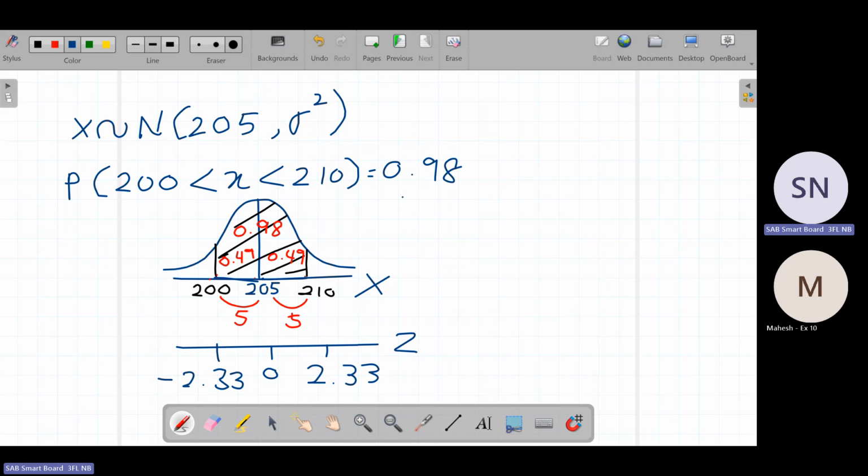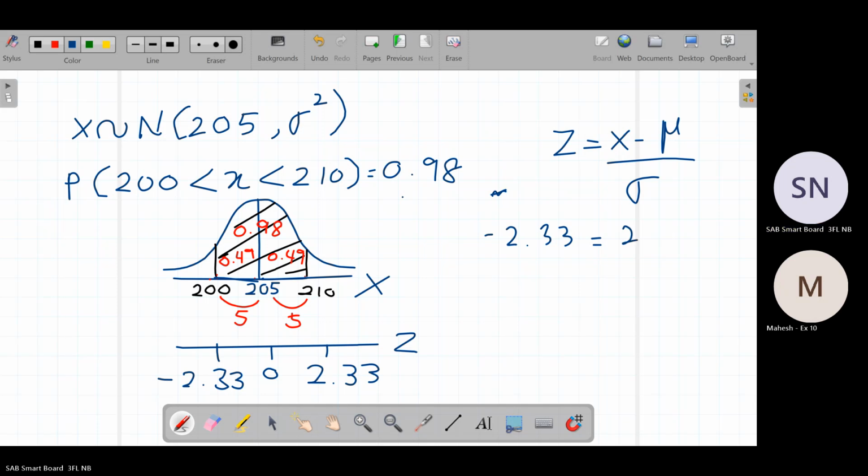Then you can use one of these two Z values to find out the sigma value. And then here you can use the Z formula. Then if we use this minus 2.33 as the Z value, what is the X value? Corresponding X value is 200. Minus 205 divided by sigma.